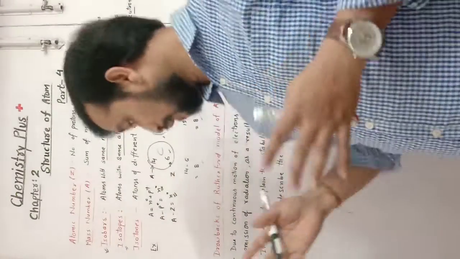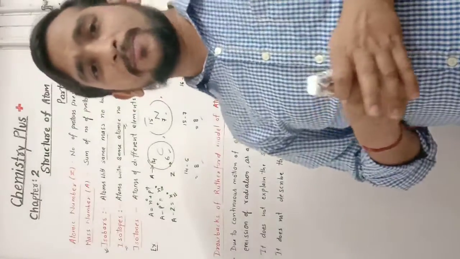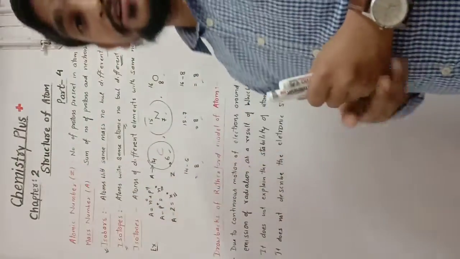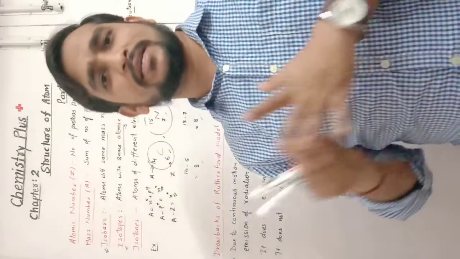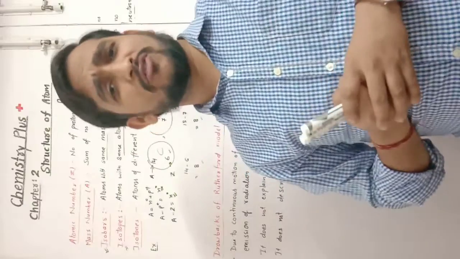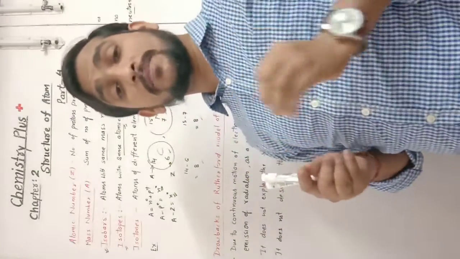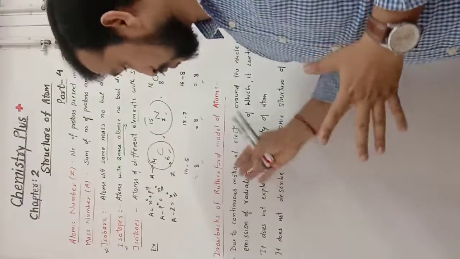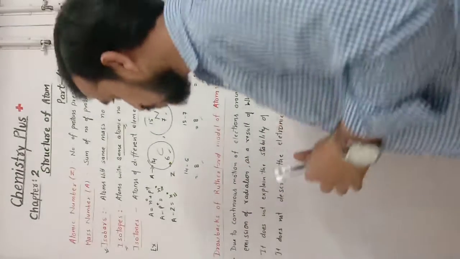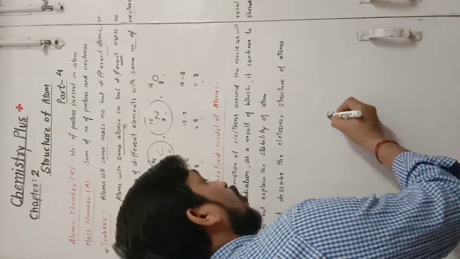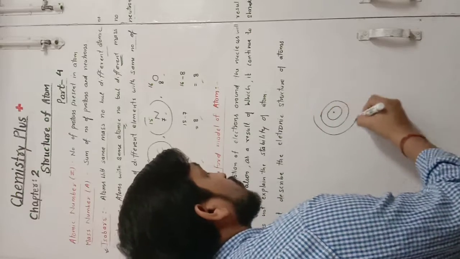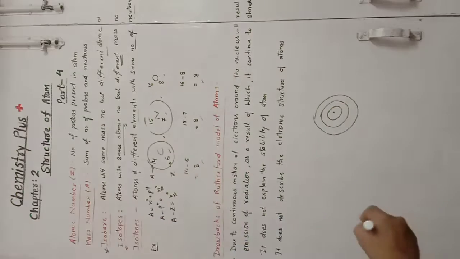The next is the drawbacks of the Rutherford model of atom, because these terms are derived from the Rutherford model of atom as an achievement of the Rutherford model, but along with the achievements there are some drawbacks. The Rutherford model states that the electrons are revolving around the nucleus in fixed paths known as orbits.